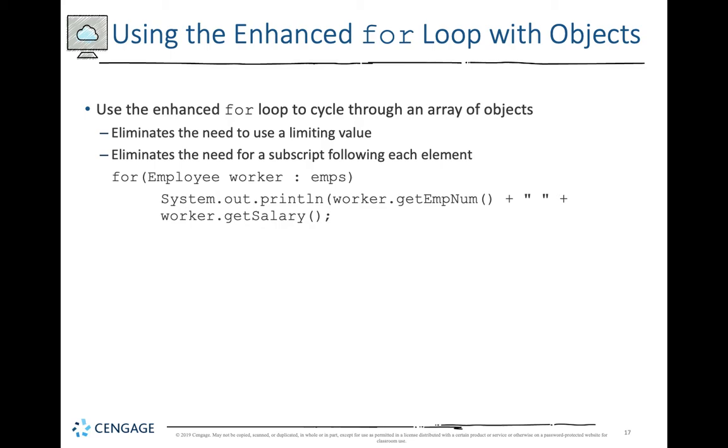So if our array is a type of int, then in the enhanced for loop, it's going to be int whatever. In this instance, it's employee worker of type, right, of the array workers. And it will automatically iterate through that array in the order it's listed.